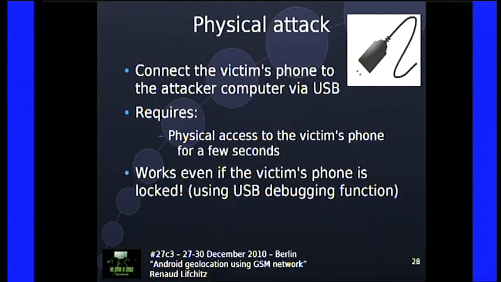So how does the physical attack work? You just have to connect the victim's phone to the attacker's computer via USB. So if you have access to a phone, just for a few seconds, you take it and you plug in the USB cable and you dump the radio logcat.